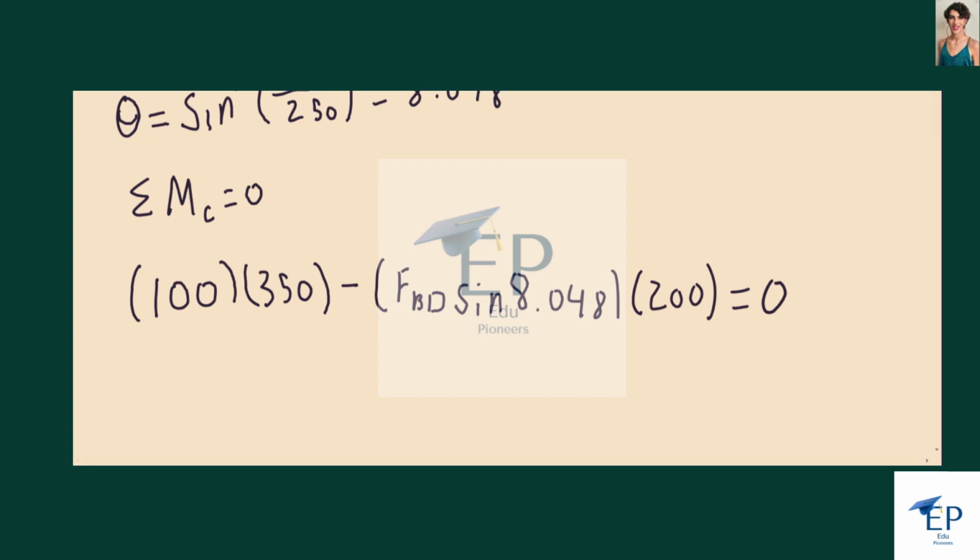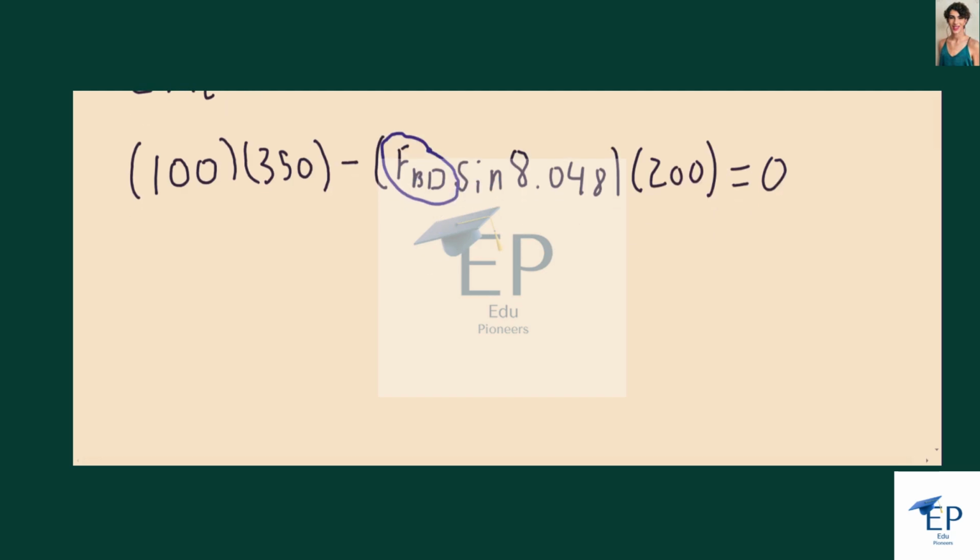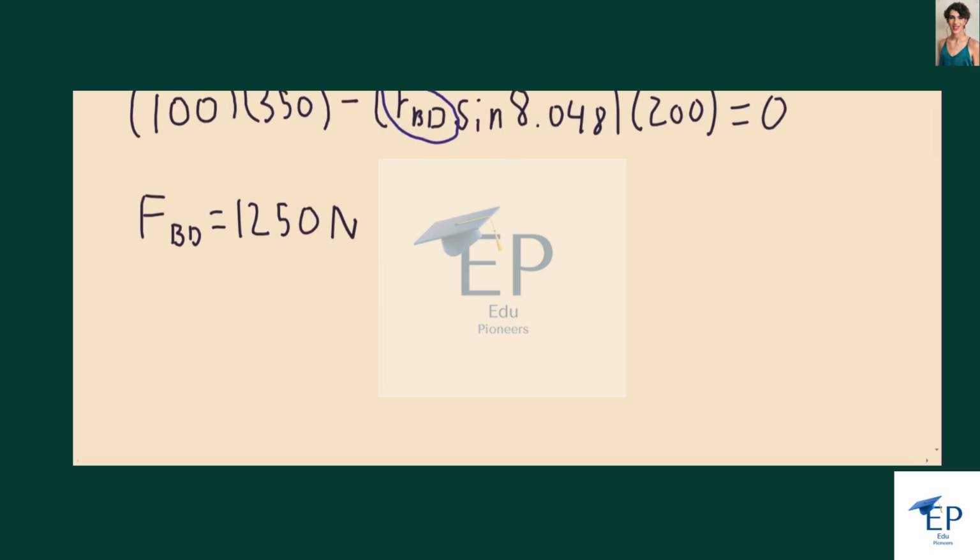And we solve for this single unknown in the expression. After doing so, we end up with a force BD that is equal to 1,250 newtons. To solve for the force required to keep the system in equilibrium, we take the x component of this force.